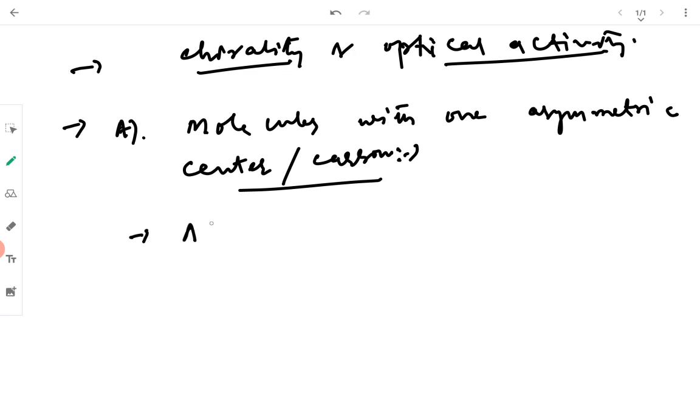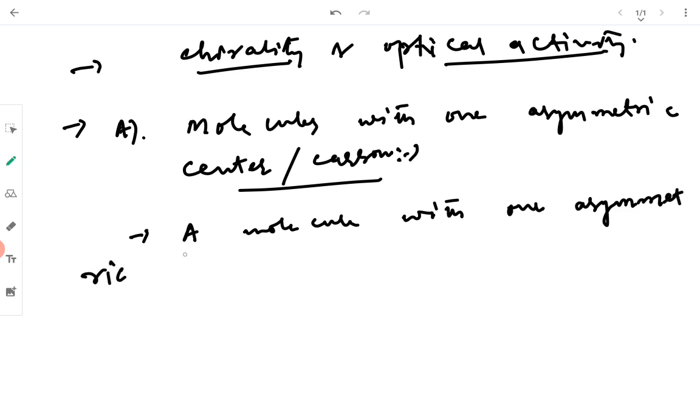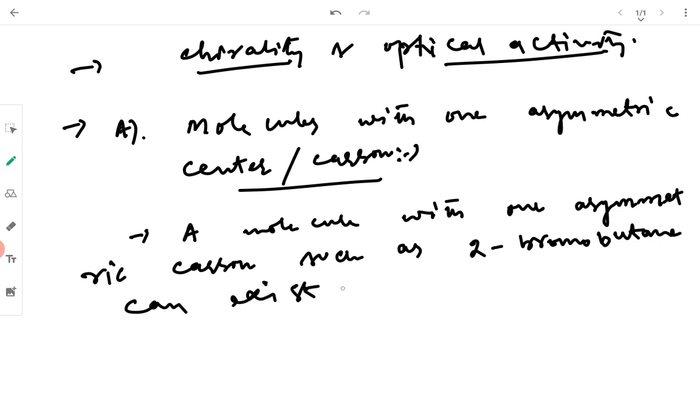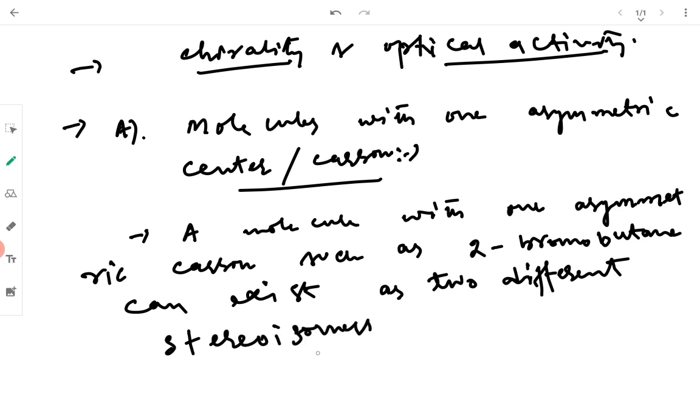And say that a molecule with one asymmetric carbon, such as 2-bromobutane, can exist as two different stereoisomers.